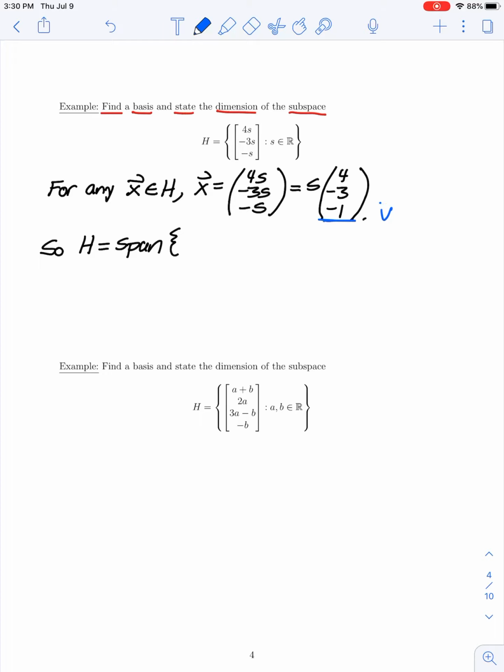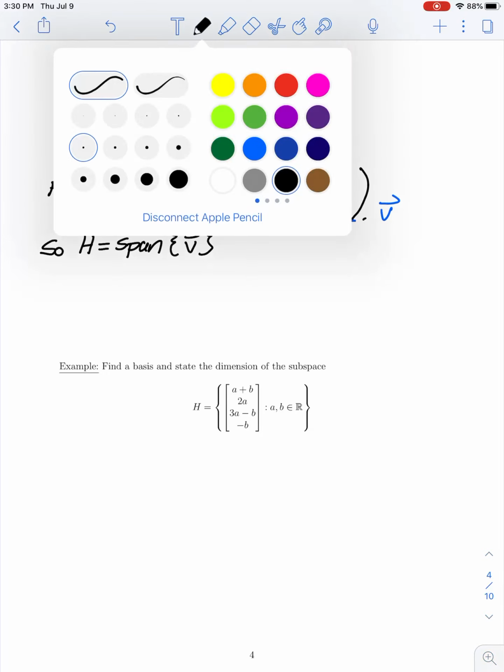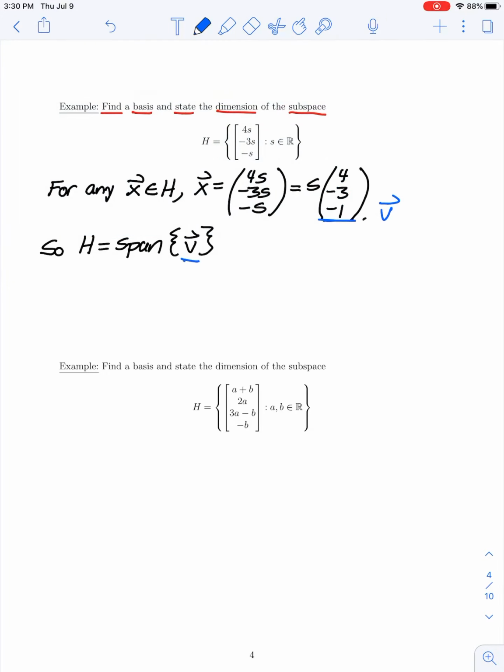Let me give this vector a name. Let me maybe call it V. So here H is the span of this vector V, and any set consisting of a single vector must be linearly independent as long as that vector, in this case V, is something other than the zero vector. So H is the span of this linearly independent vector V, which means that vector forms a basis. So here, since V is not the zero vector, V is linearly independent.